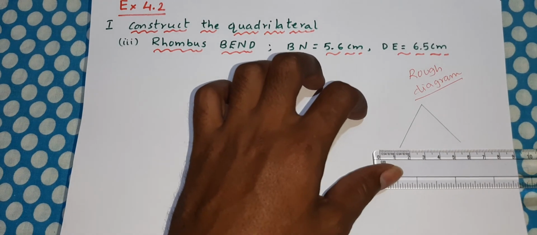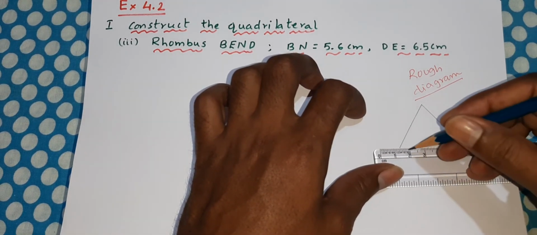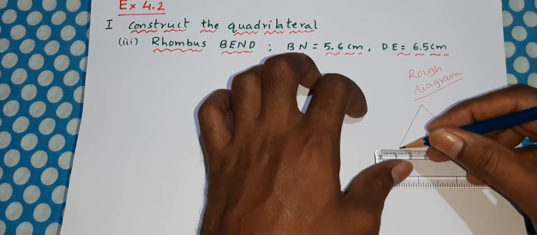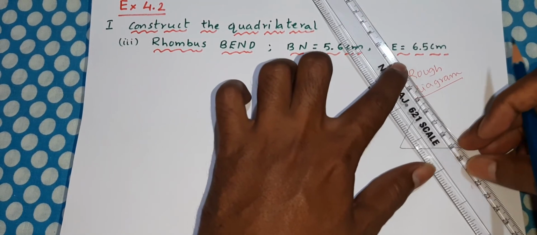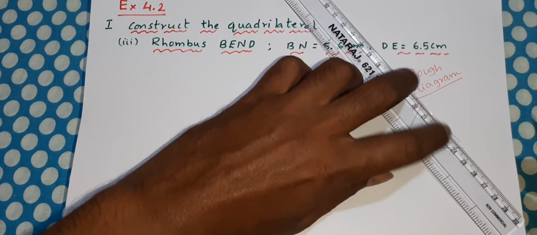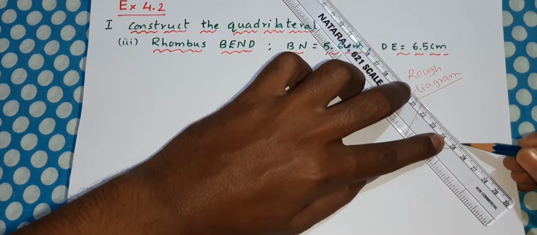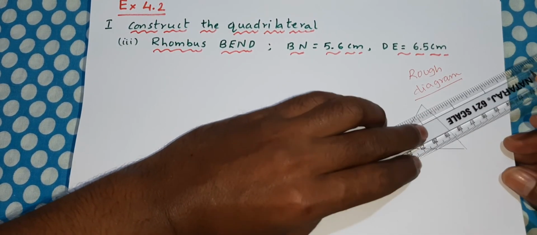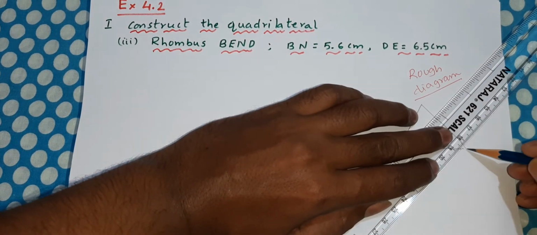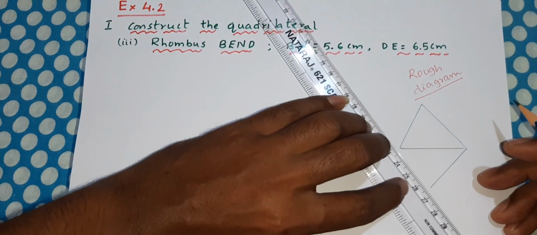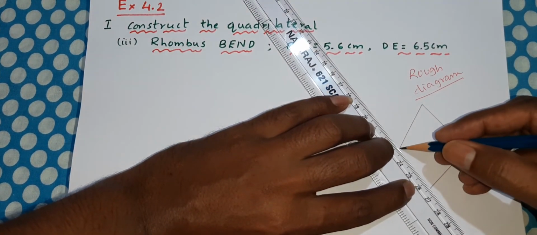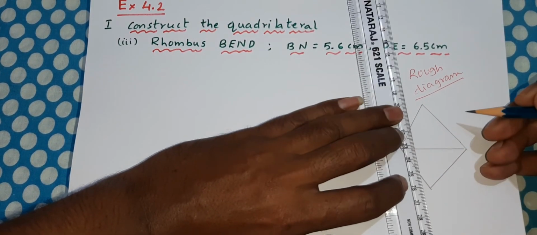First you need to draw a quadrilateral rough diagram, then you will get an idea.